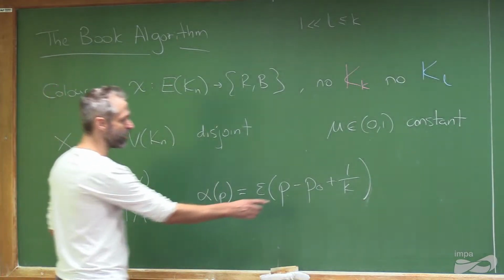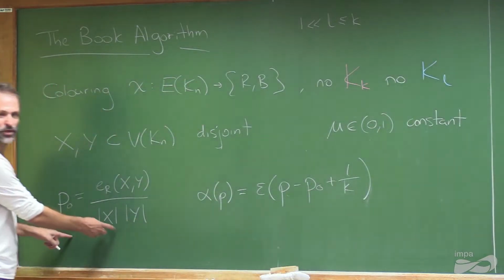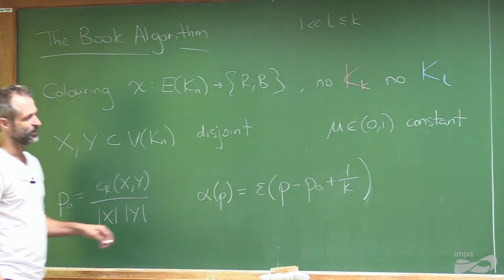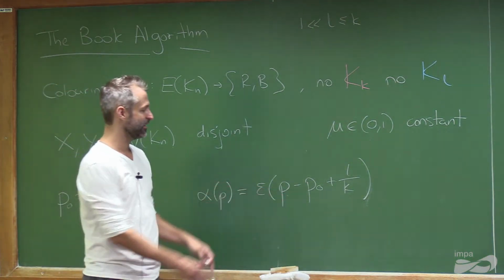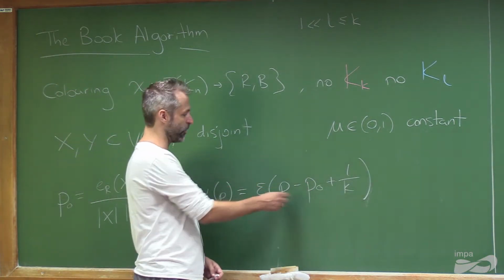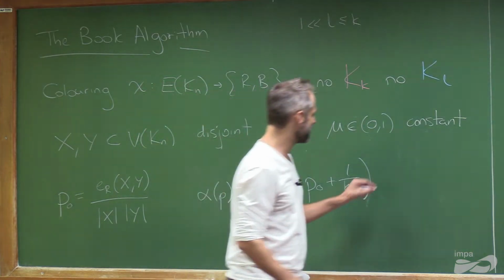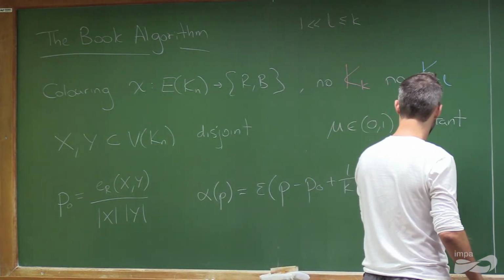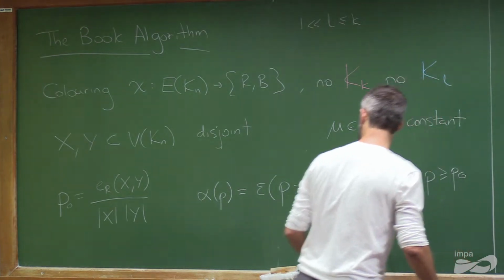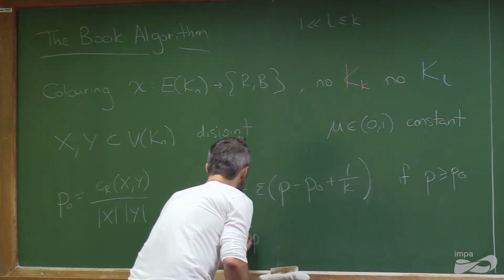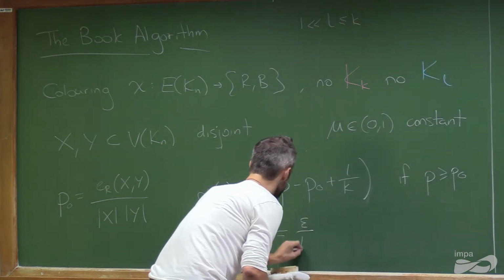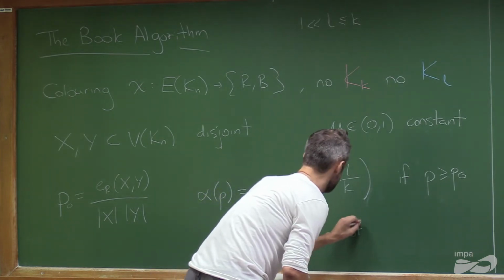Right, so p0 is our initial density of red edges between X and Y, and p is our current density. So when p is bigger than p0, we're going to increase this. This is if p is at least p0, and alpha of p equals epsilon over k otherwise.